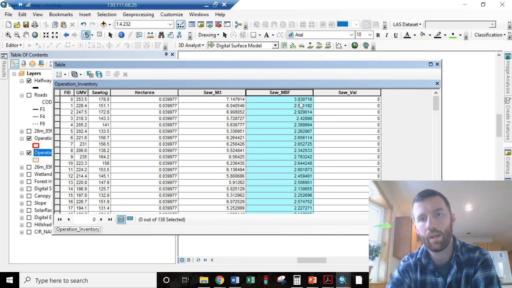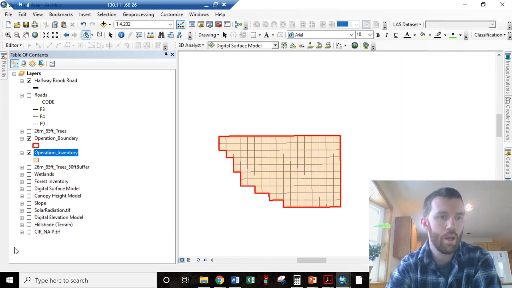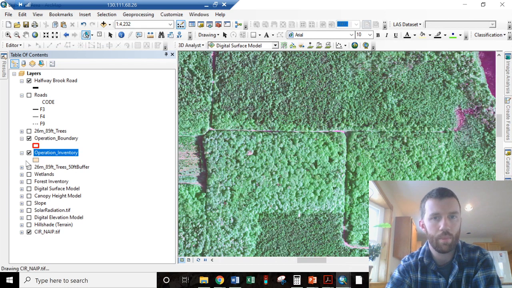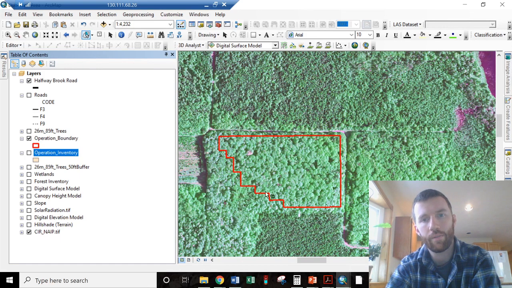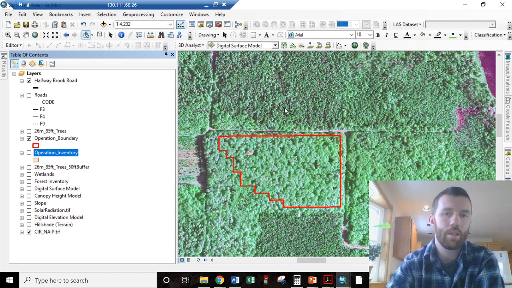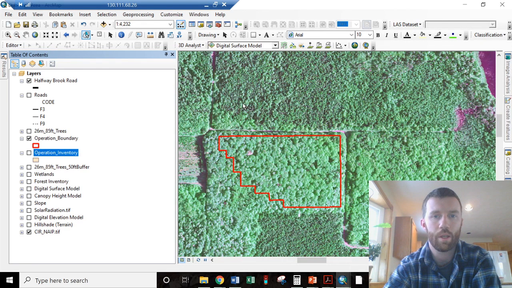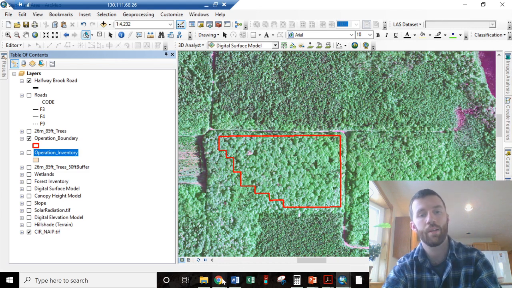So here we go. And now I need to work out what the actual stumpage value I'm working with is here. And it's either going to be hardwood or softwood. And I'm going to turn on my color infrared air photo, turn off that, and see that is definitely a hardwood stand. So conifer here, hardwood here, conifer here. If you've picked a conifer stand, you'll use a different stumpage value than the hardwood stand.